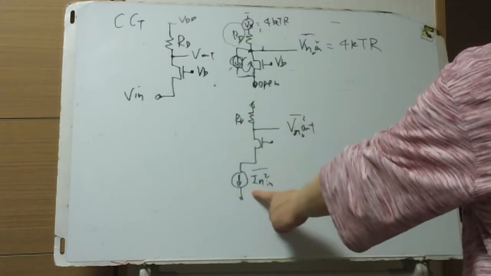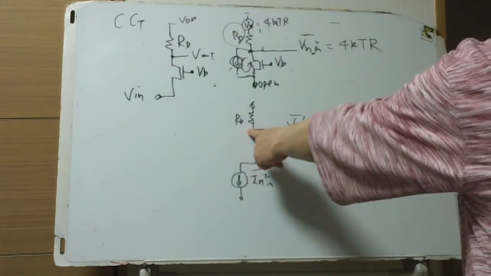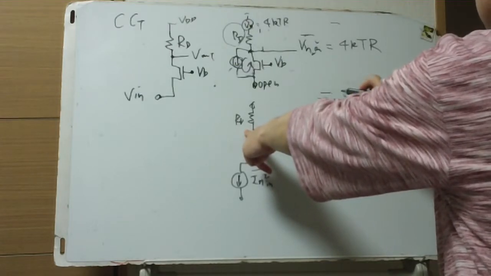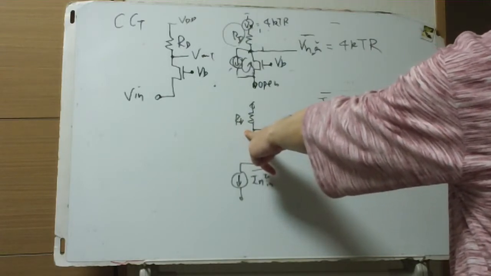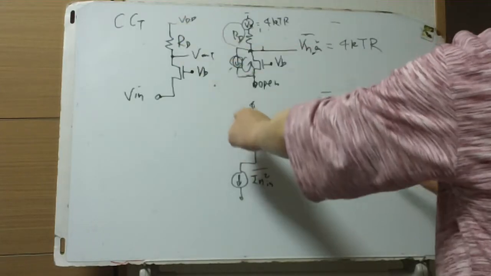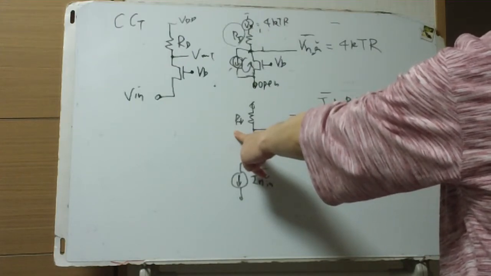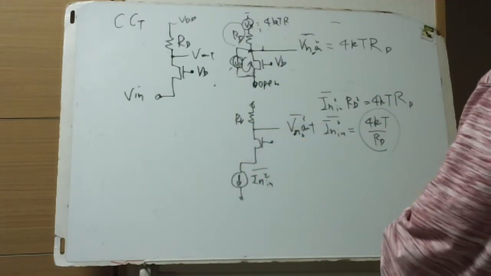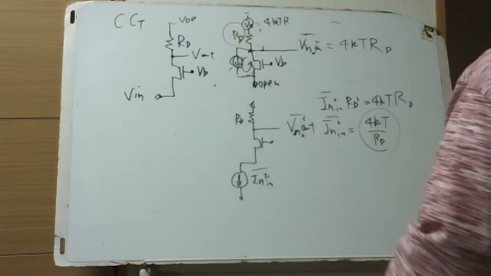And this is In in squared, and this current is from this. And this is just In in squared bar times RD squared equals 4kTR. So the input referred current noise of the common gate stage equals 4kT over RD, which is just the current noise of the output load resistance RD.